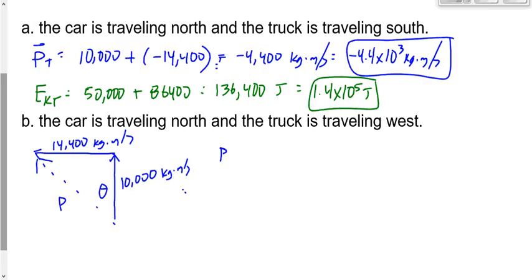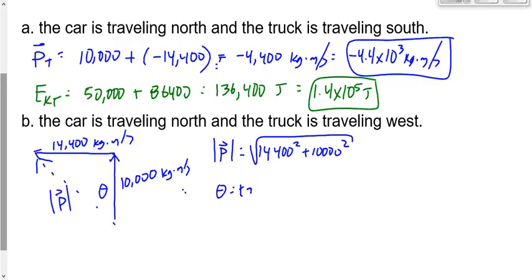Now we're going to find the magnitude of that momentum by doing the Pythagorean theorem. And we're going to find the angle, and that's important, because direction matters, using the inverse tan of 14,400 over 10,000. 17,531.